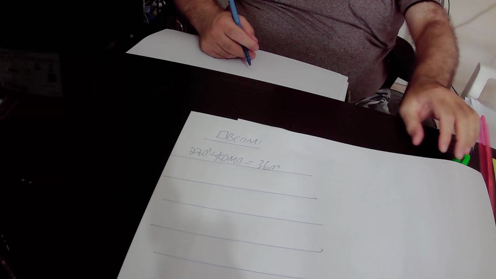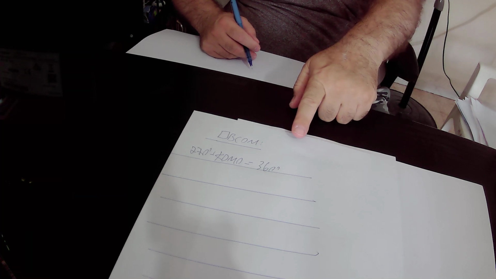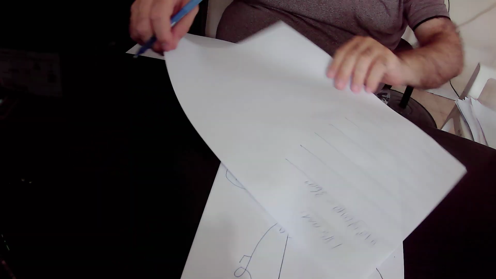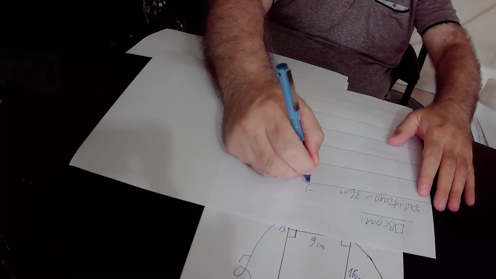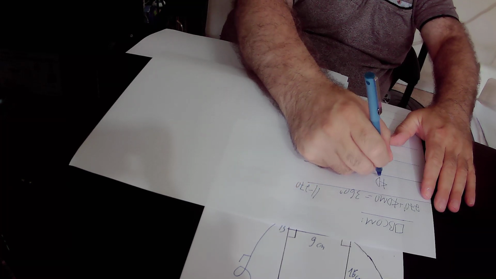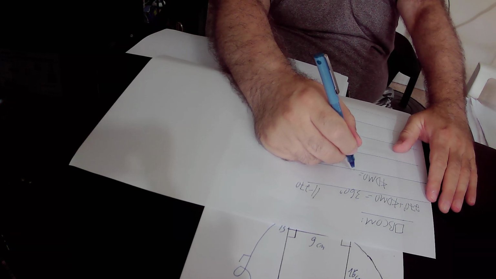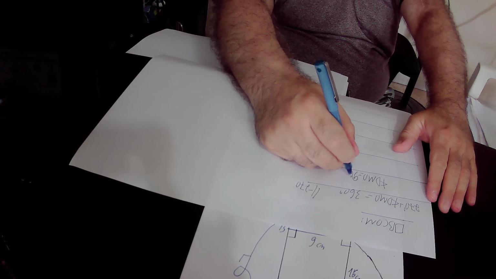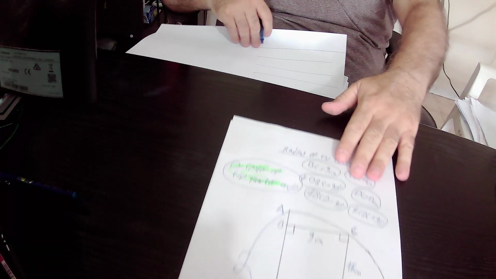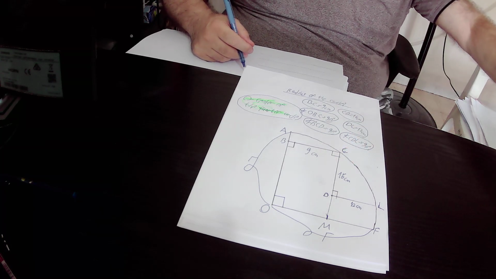So here we will subtract 270 degrees from this equation, and we get that the missing angle DMO is equal to 360 degrees minus 270 degrees, which is 90 degrees, a right angle. So this angle DMO is a right angle.